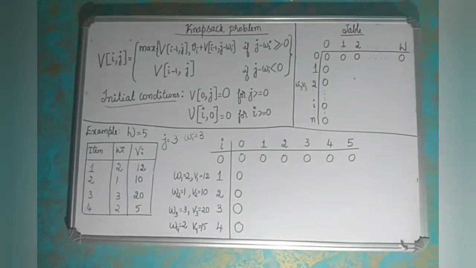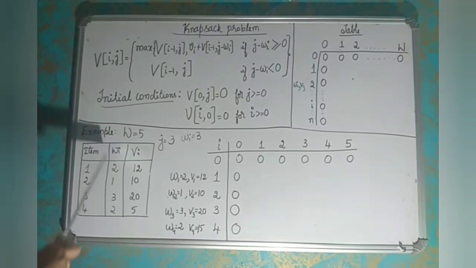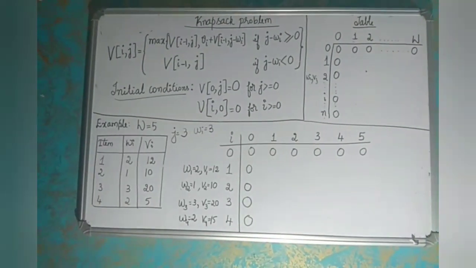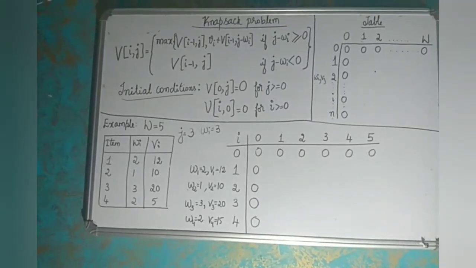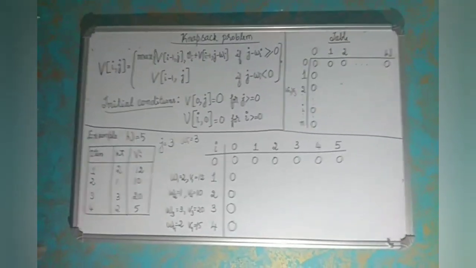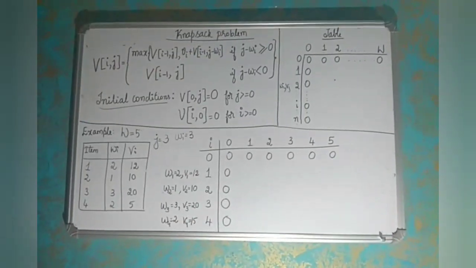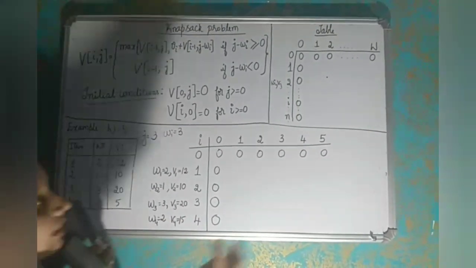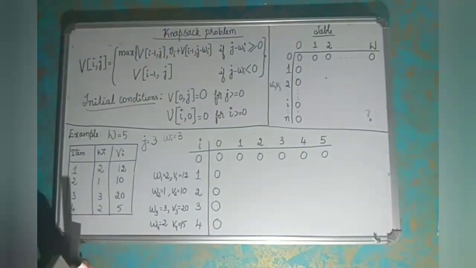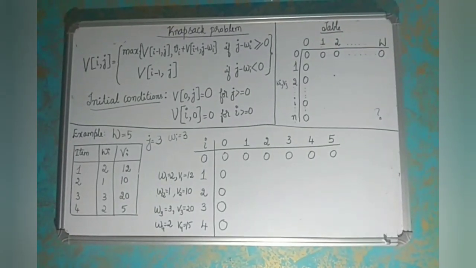What is the profit gained by considering these items when the knapsack capacity is 5? What is the optimal, or largest, profit gain? That we get in the last row and the last column. So whatever value you get in the last row, last column is the solution to the problem.